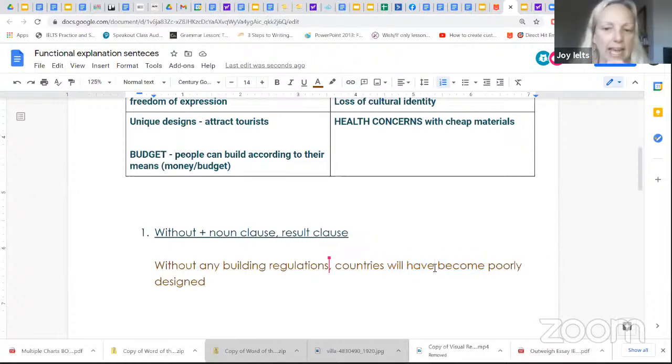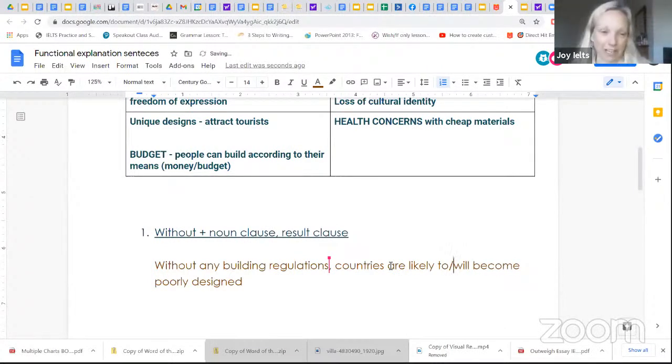So we just delete the have, and then probably become. We could probably choose a different verb here. Without any building regulations, countries will become poorly designed. I'll give you another possibility, are likely to.